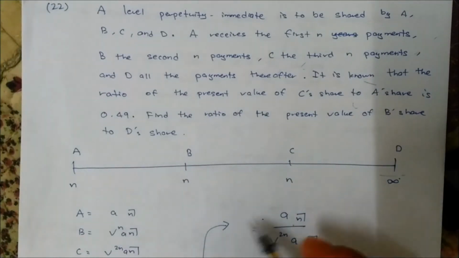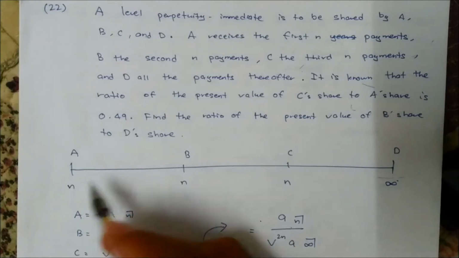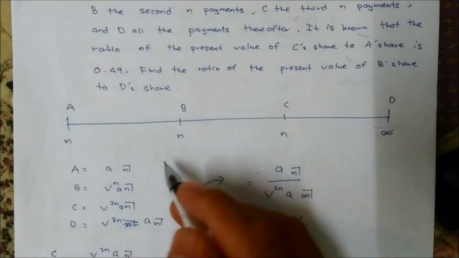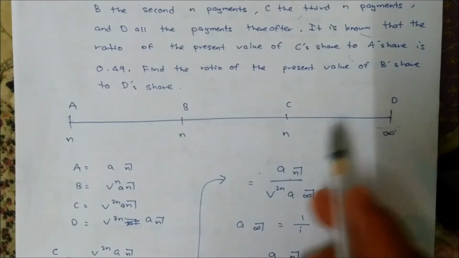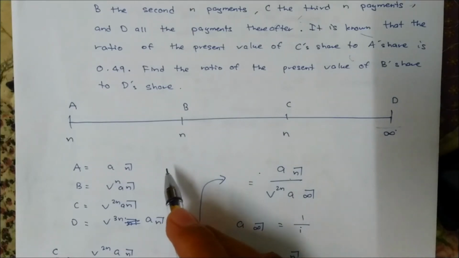So the timeline diagram is going to be like this. For each person here, which is A, B, C, and D, we need to form an expression which represents their respective present values.